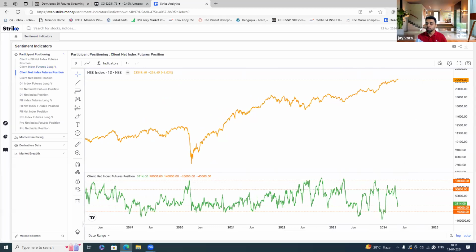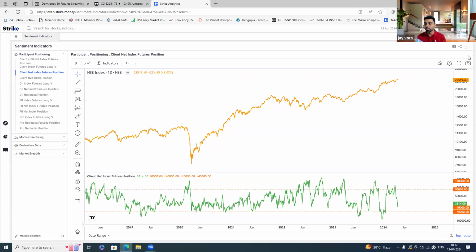One also needs to understand the characteristics of each of the participants. Clients usually keep shorting as the market rises higher, and they keep accumulating as the market goes lower. So there will be a point where the markets will bottom out, and at that point of time, specifically the clients will have meaningful long positions as per their historical data.